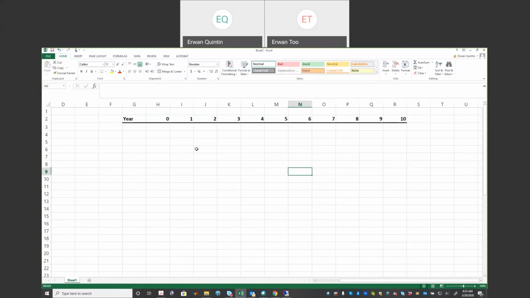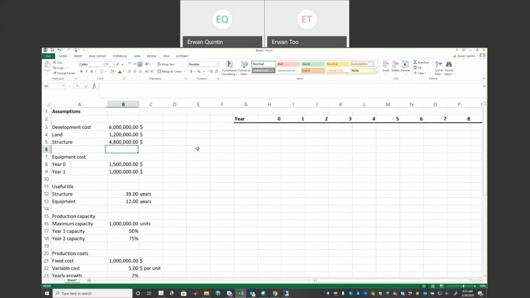We have something that's beginning to look like a pro forma. Okay, so the key part of this pro forma is going to be calculating our production plan. Once we have our production plan, that is to say, once we know how many units we're going to produce and how many units we're going to keep in inventory, and therefore how many units we're going to sell, then I'm going to be able to calculate everything else.